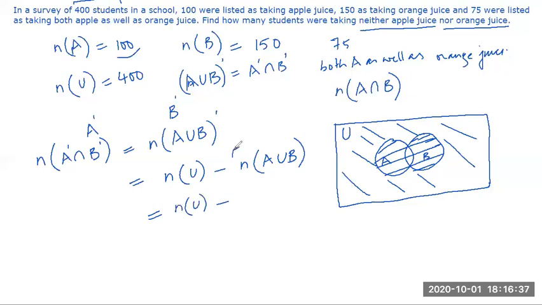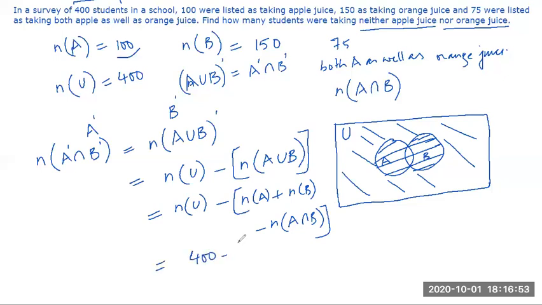Now again we will apply the same formula: n of A plus n of B minus n of A intersection B. So doing that calculation, this is 400 minus, where n of A is 100, n of B is 150, and n of A intersection B is 75.